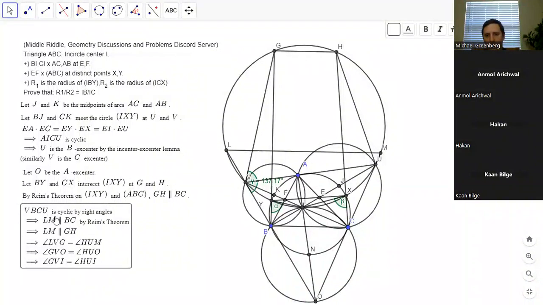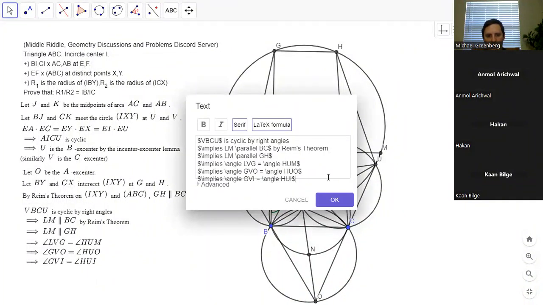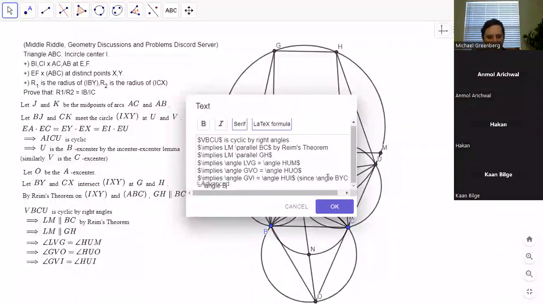This is since angle BYC equals angle BUC. See? Okay.